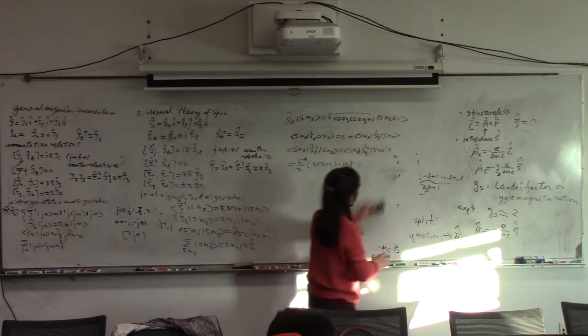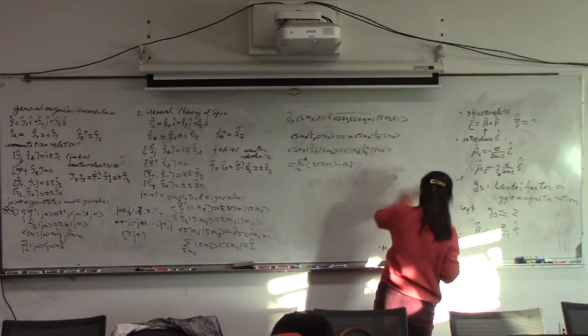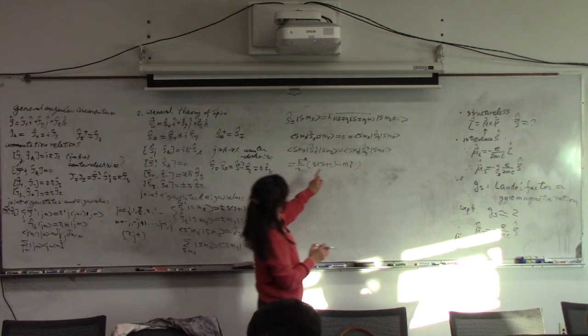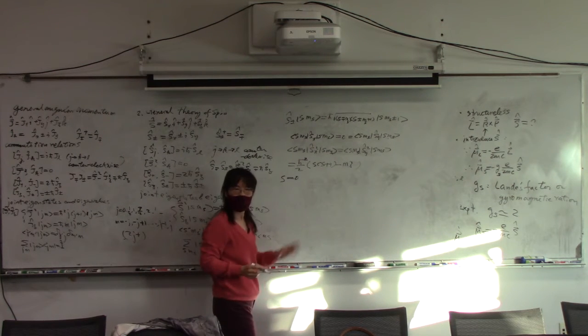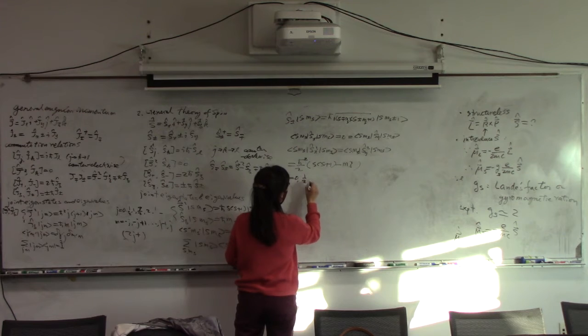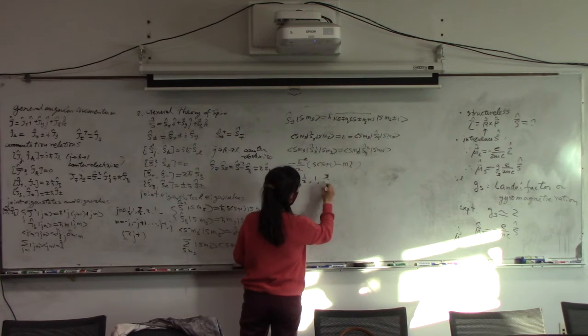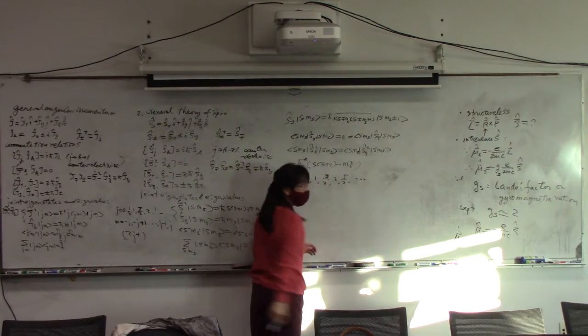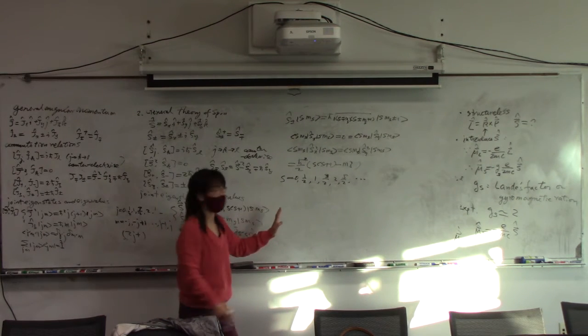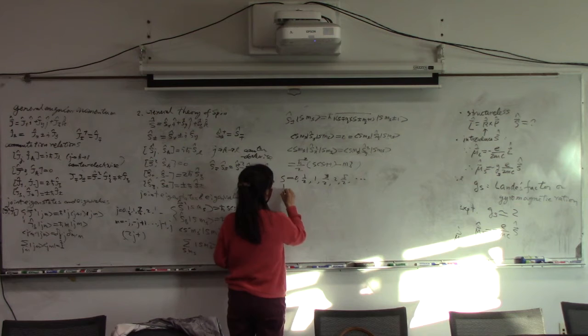Now we want to discuss some of the detailed cases. So that means for any S can be 0, can be half, can be 1, 3 half, 2, 5 half. But here it is fixed.